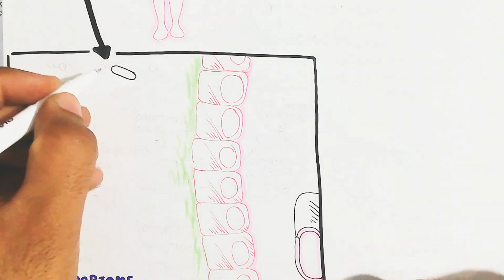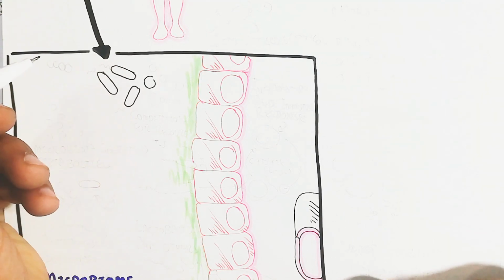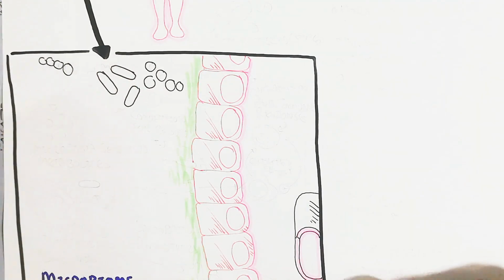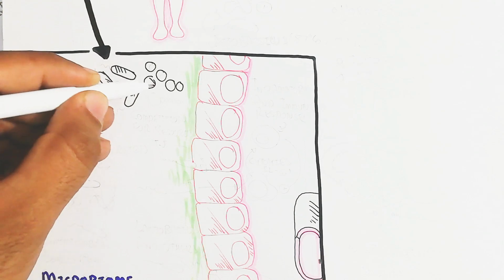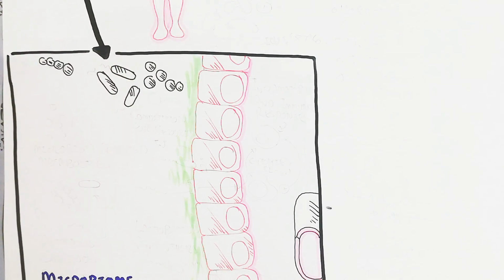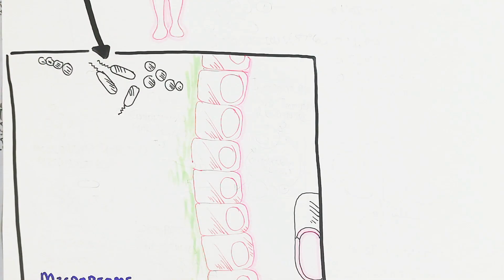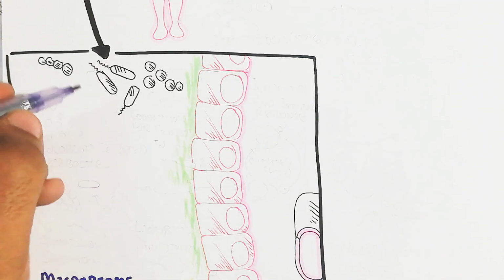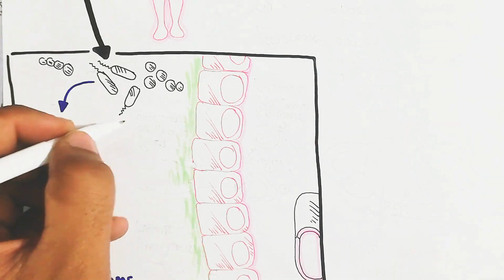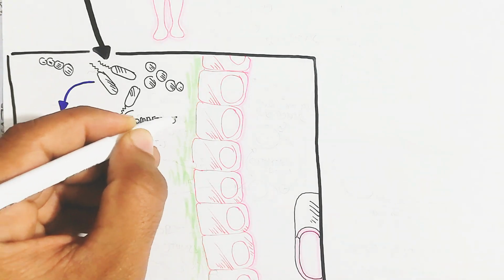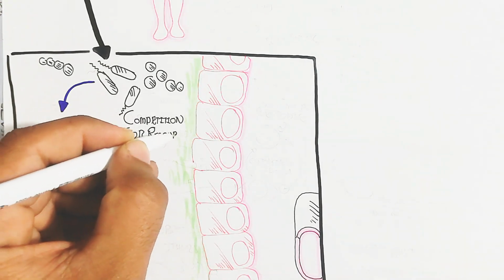Anyhow, let's begin to understand: a lot of microbes are present, which leads to competition for resources as well as shelter. Remember, these bacteria are also present in the anus, and the benefit is equal. Here you can see the competition for resources.